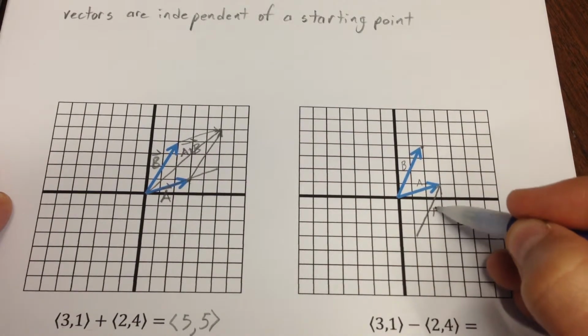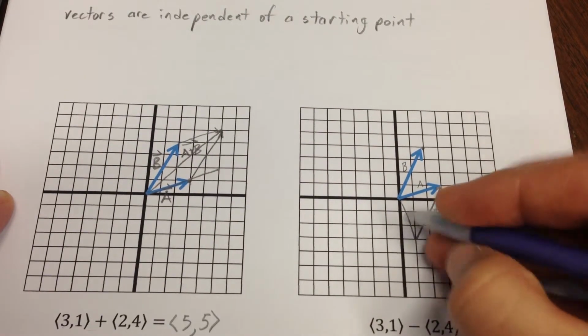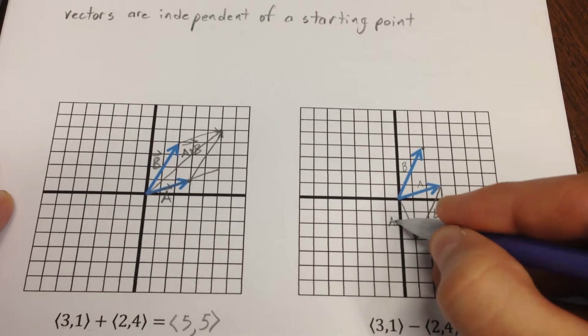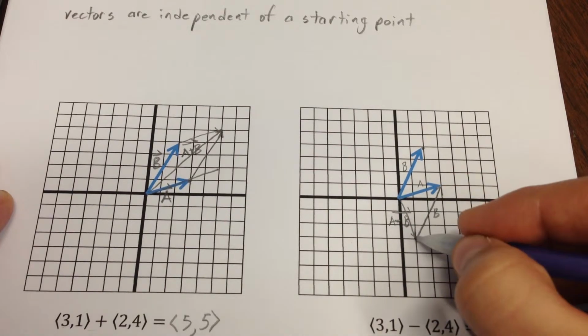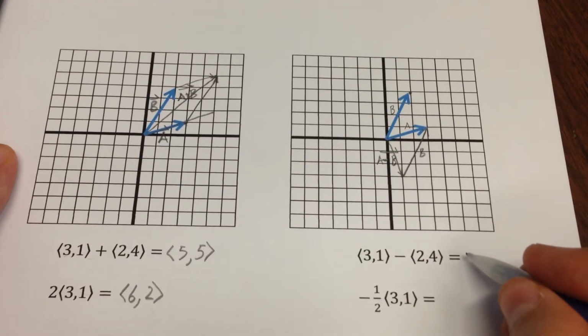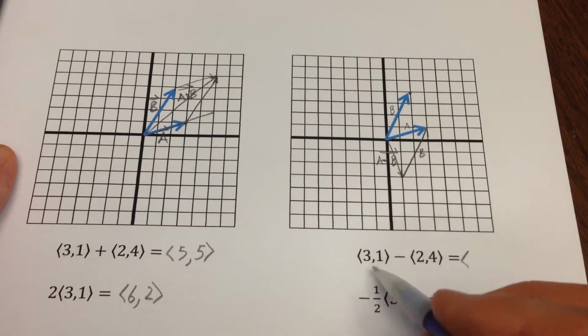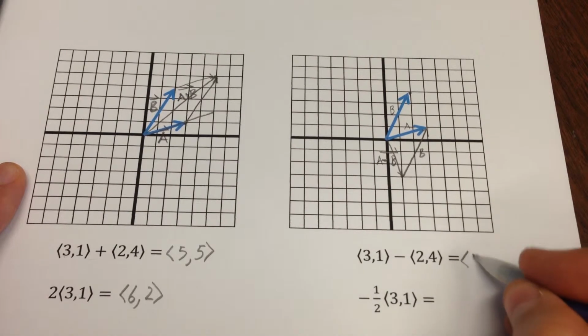So there's B. Okay, and so the net A minus B vector is the one that starts at the origin and ends at the point 1, negative 3. And you can sort of see how that calculation works here, right? Let's see, so 3 minus 2 is 1, 1 minus 4 is negative 3.